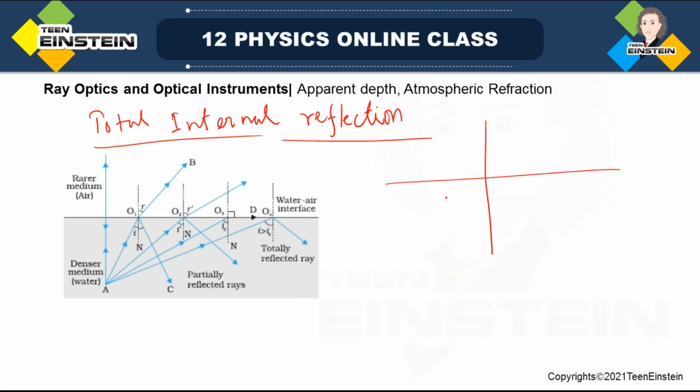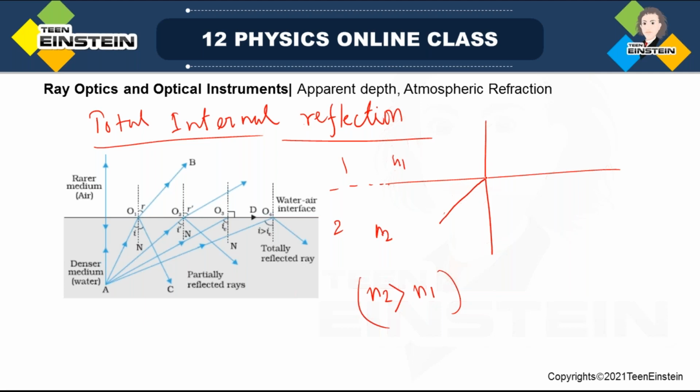See, when a ray of light goes from a denser medium, suppose this is medium 1, this is medium 2, this is the interface, and the refractive index N2 of medium 2 is greater than the refractive index N1 of medium 1.